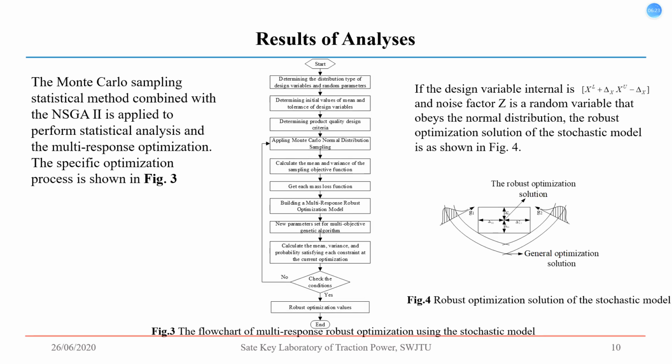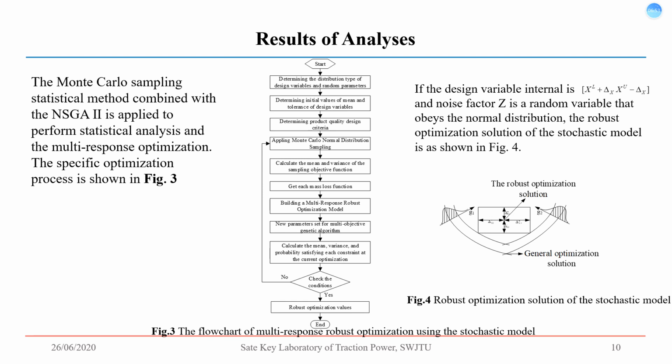The last part: results and analyses. From Figure 3, we can know the flowchart of multi-response robust optimization using the statistical model. We mainly use the Monte Carlo sampling statistical model combined with NSGA-II to provide statistical answers and the multi-response optimization.